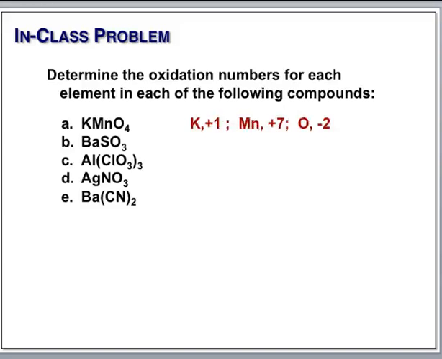Each oxygen is -2. Potassium must be +1. Therefore, the manganese must be +7. 8 positives, 8 negatives.